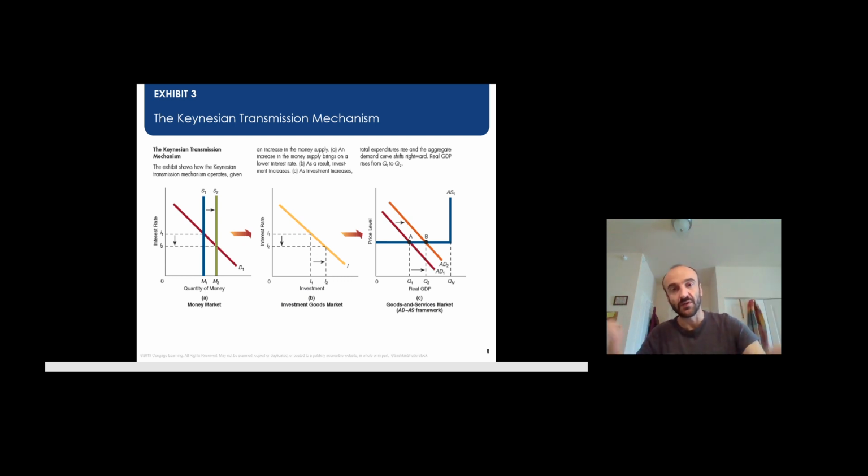And on account of that, the total amount of aggregate demand, the aggregate amount of spending that the economy will have, will increase.